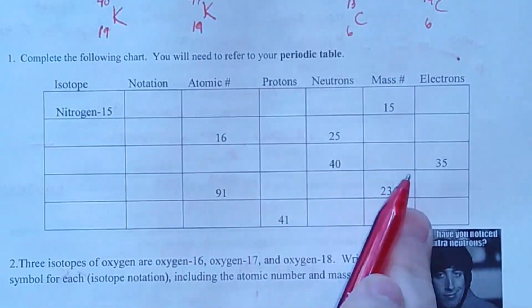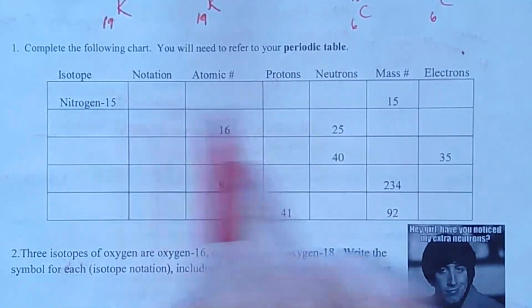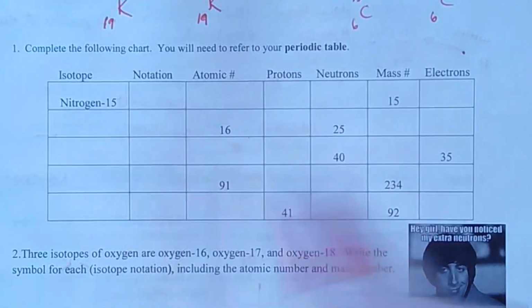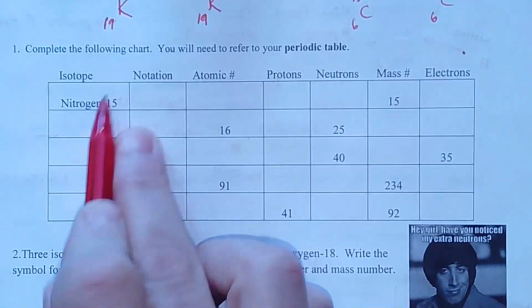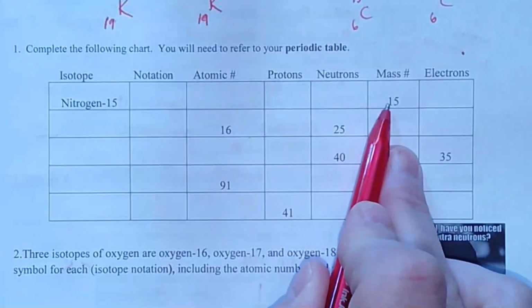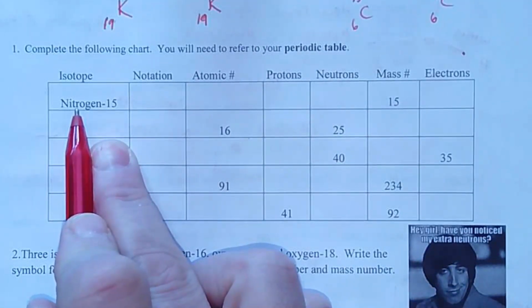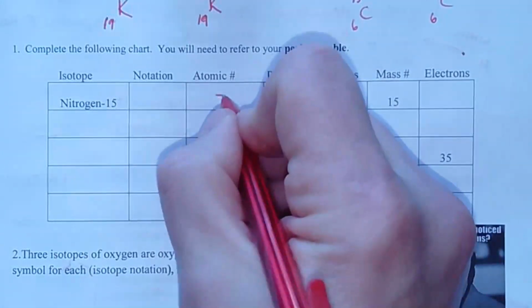And then here, you just want to fill in everything else. So in each of these cases, these are giving you as much information as you need to fill in everything else. So for example, nitrogen 15, well, the 15 here tells us the mass number. The name, nitrogen, allows us to look at the periodic table and see that the atomic number is 7.